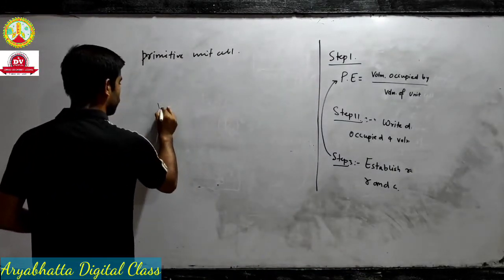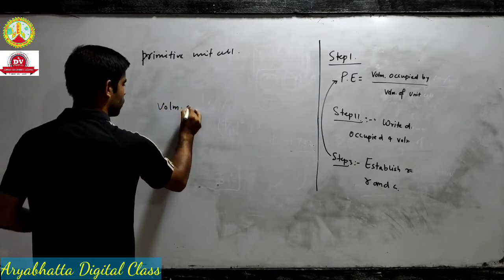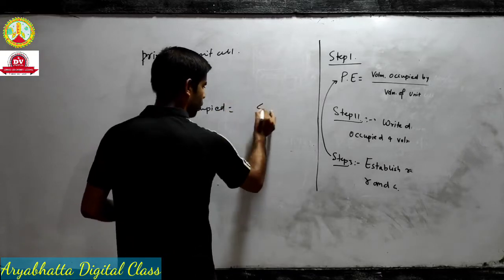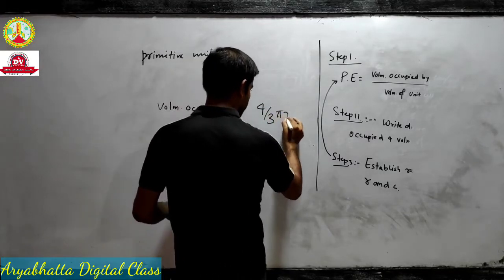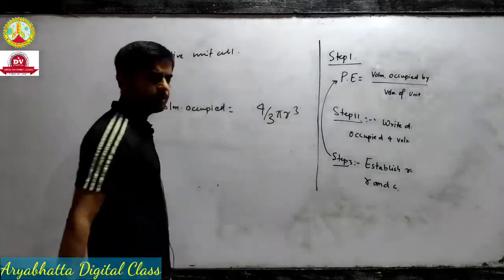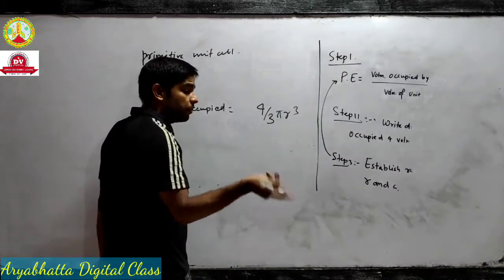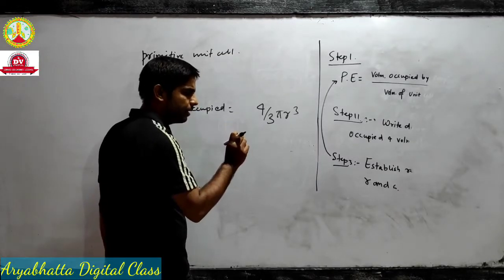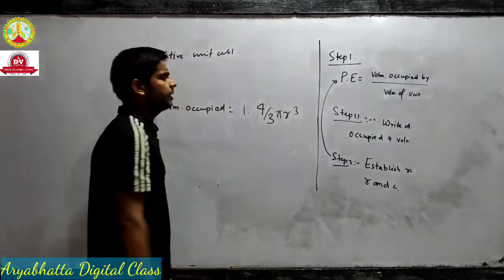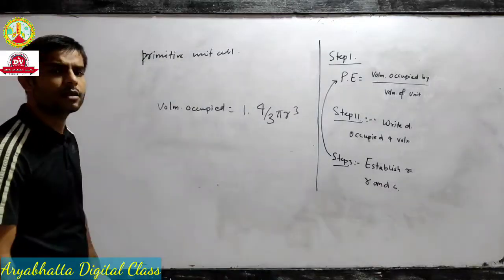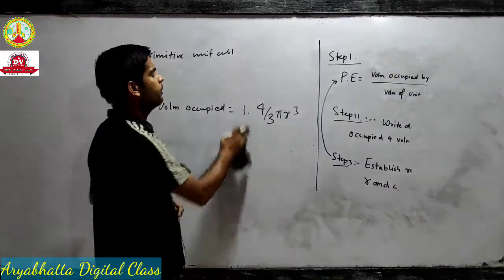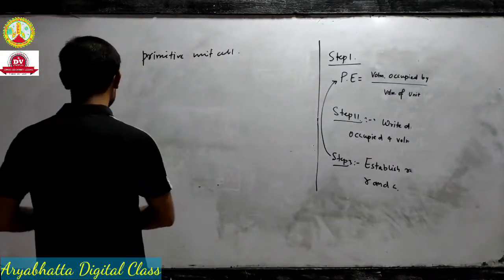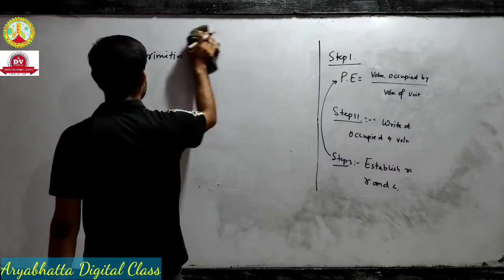So volume occupied will be 4 by 3 pi r cube, again the same formula, but now the number of atoms per unit cell is 1 in case of primitive or simple cubic lattice. So it will come out to be 4 by 3 pi r cube. The next step is the volume of unit cell remains the same.